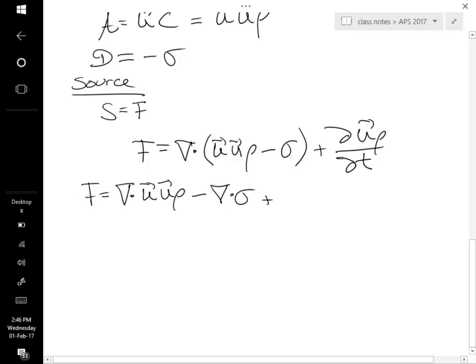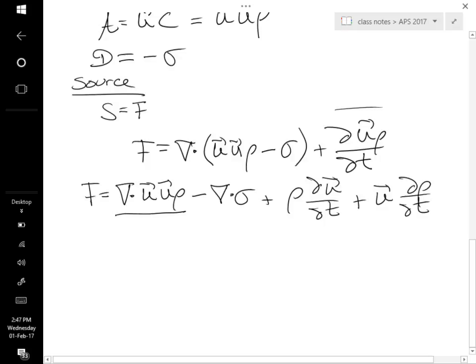And I'm going to write this term here with a product rule. So this term here expands out like this.